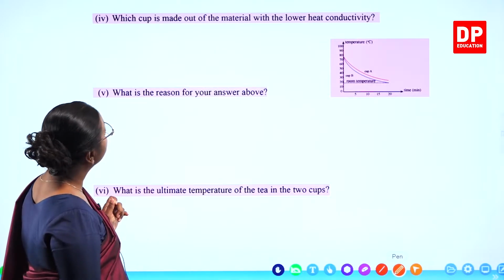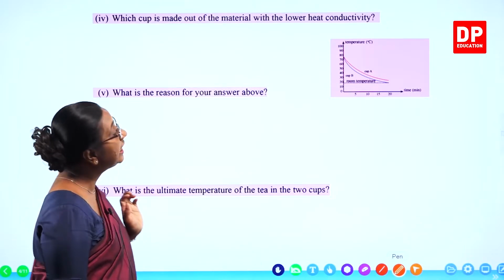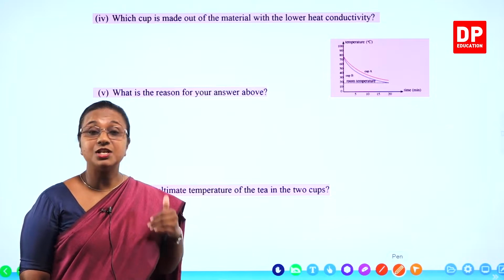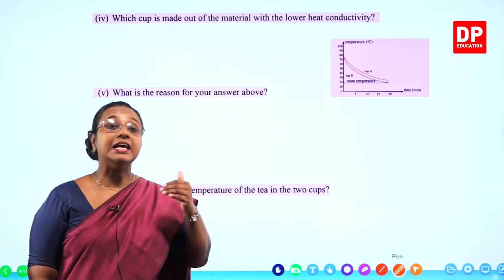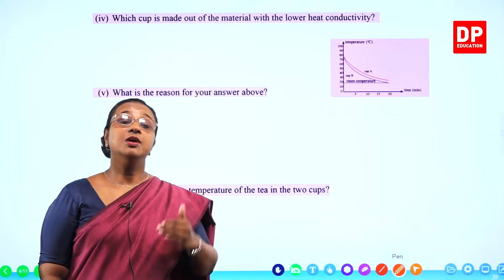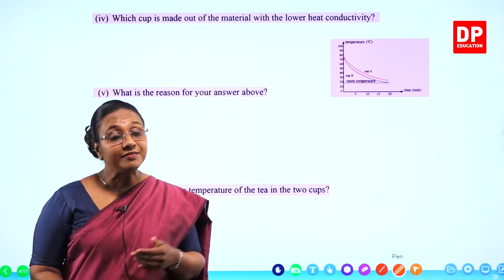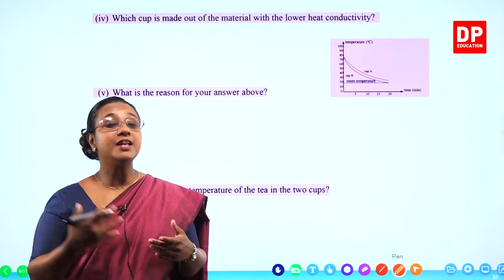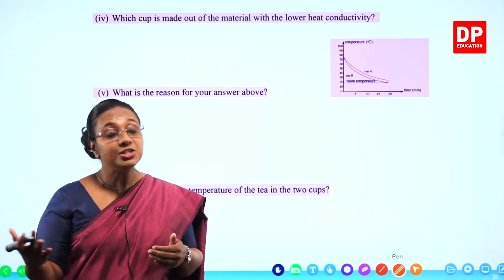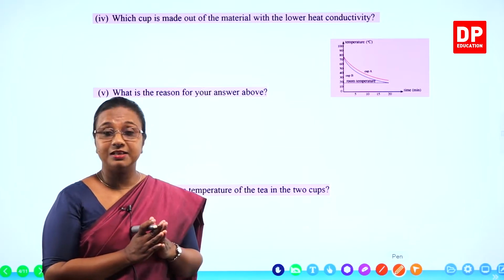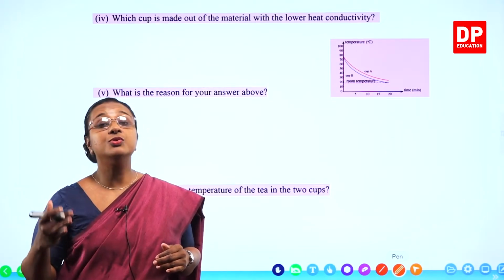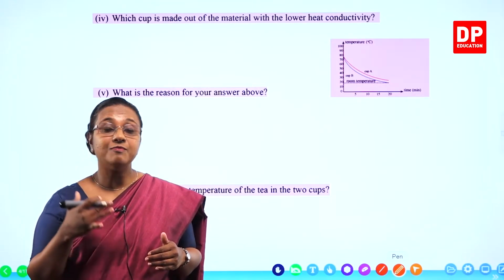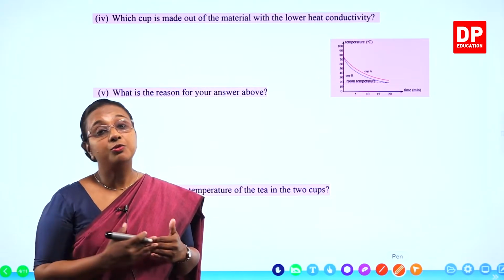Which cup is made out of the material with the lower heat conductivity? So, what did I tell you all? When something has a lower heat conductivity, it takes a longer time to lose heat. These are what we call insulators. Substances that cannot conduct heat easily are insulators. So, lower heat conductivity means they don't lose heat easily. That means it takes a longer time for the cup to reach the room temperature.